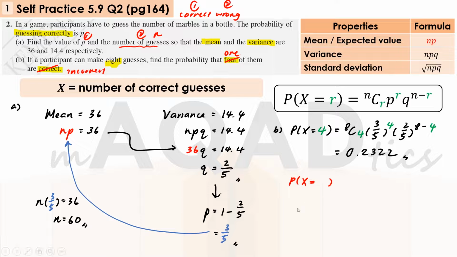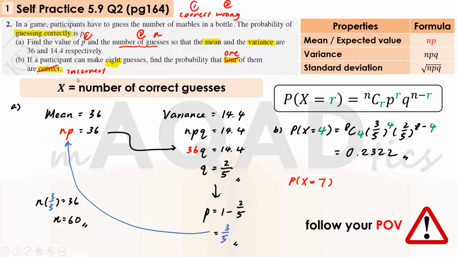So the number of successes here should be 7, right? Because recall, our point of view X is the number of correct guesses, not incorrect guesses. So if you put 1, you are contradicting your point of view already, because here we are focusing on correct guesses. We have 1 incorrect, so this means the other 7, which is 8 minus 1, must be correct.